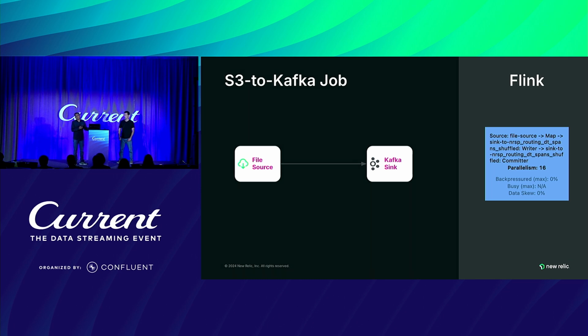It's monitoring the S3 directories, figuring out which ones are the new files, and then it reads all the Parquet files and streams the records out of the file source operator. All those events then flow into the Kafka sink, which is responsible for pushing the events back into the target Kafka topic. On the right, you can see the job graph as seen in the Flink UI. Again, this is a very highly optimized job. So that's about our jobs.